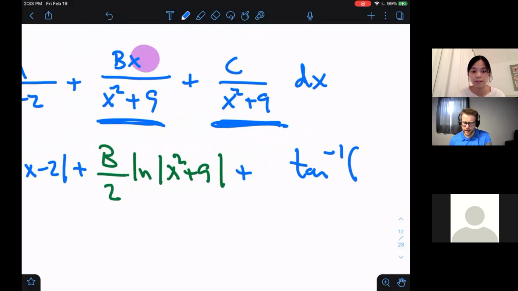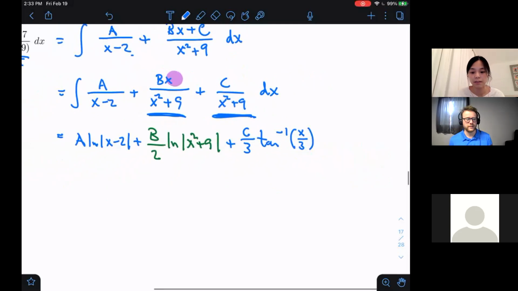Tangent inverse, and I believe it's going to be like x over 3, and this is going to be c over 3 here. Again, don't take my word for it. Do this out slowly and surely, deal with that 9 appropriately and all that sort of stuff. But I think you get something like this, plus some constant of integration.